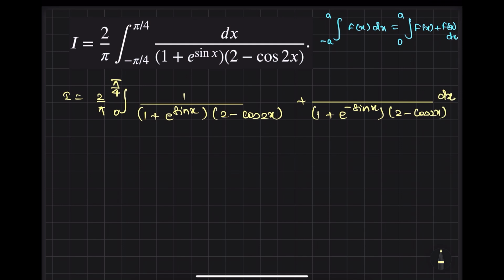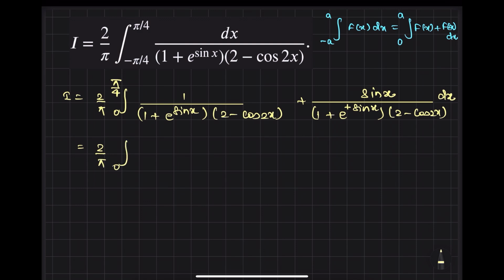Okay, so if you simplify this thing, you will have 1 plus e power sin x, and then e power sin x will be on the numerator. So let's simplify this. This thing will become plus and you will have sin x on the numerator. If you simplify, you will get things done. Now you know that the base is the same, so there is no need to take LCM. Directly you can write down that part.